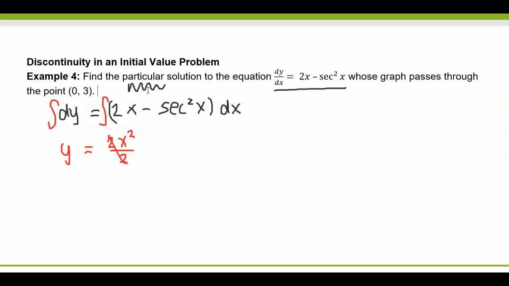The antiderivative of secant squared x is tan x, and that's one of our rules. So if you think about the derivative of tangent, it's secant squared. So the antiderivative of secant squared is tan. So that becomes minus tan x plus c.